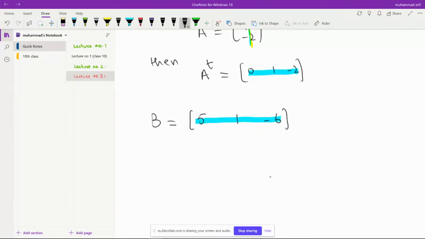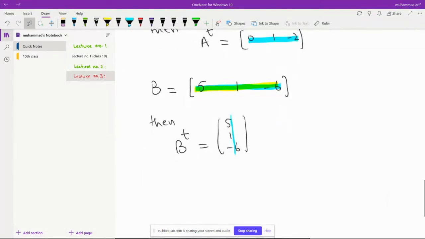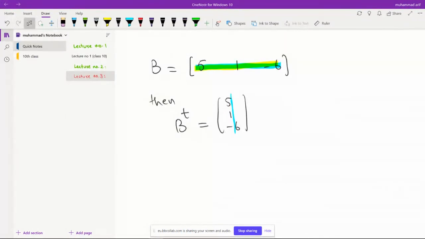Therefore, transpose of matrix B is B transpose, which is equal to 5, 1, -6, that is, this row is converted into column. It becomes a transpose of a matrix B. Now we see the third one, that is the matrix C.